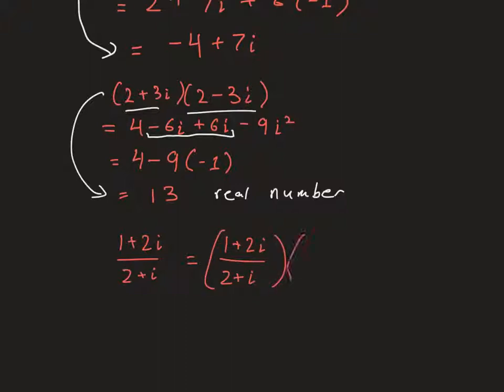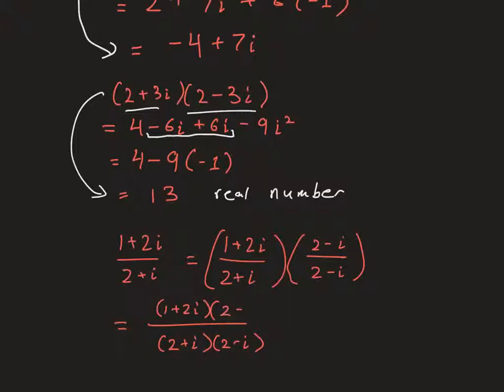Or we can do it this way and do 2 minus i over 2 minus i. So on the denominator, you get 2 plus i times 2 minus i. And on the numerator, you get 1 plus 2i times 2 minus i.